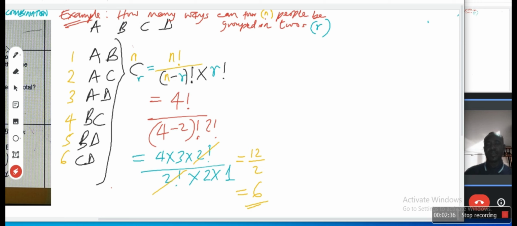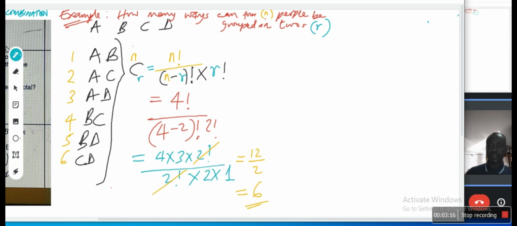If you try grouping them, you can have A with B, A with C, A with D, then B with C, B with D. Because if you start with B and A, you already have A and B. So A with B, A with C, A with D, B with C, B with D, and C with D are the only possible ways. Because there are fewer numbers involved, we can afford to do all this, and we discover that there are only 6 ways.